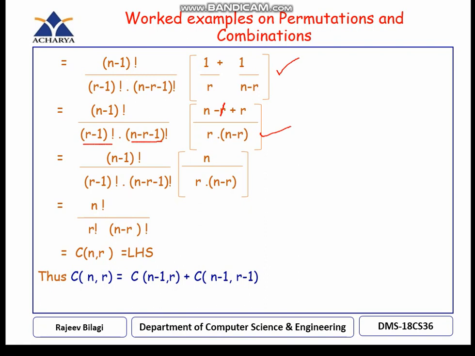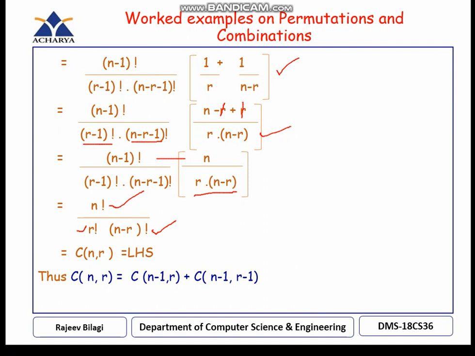So now this one gets cancelled. So (n minus 1) factorial into n divided by (r minus 1) factorial into (n minus r minus 1) factorial into the other bracket r into (n minus r). So this I can write as n factorial, because n into (n minus 1) factorial is n factorial, and r into (r minus 1) factorial I can write as r factorial, and (n minus r) into (n minus r minus 1) factorial I can write as (n minus r) factorial.